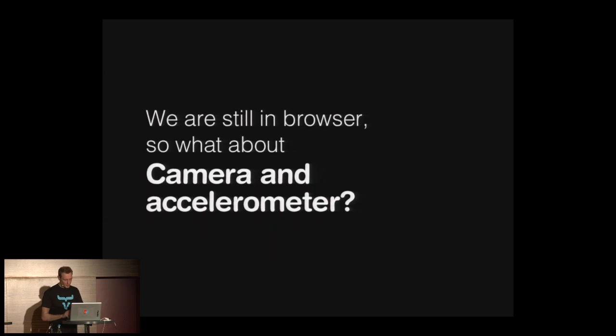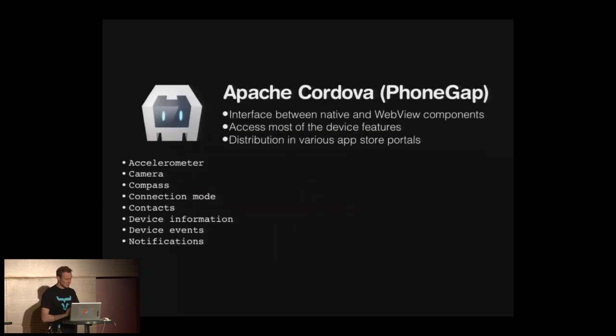So what people then use is Apache Cordova or PhoneGap to actually bind more to the device features. You can get the accelerometer. The camera is actually quite good already in the web APIs, so you can take a picture and send it from the client without any native integration.